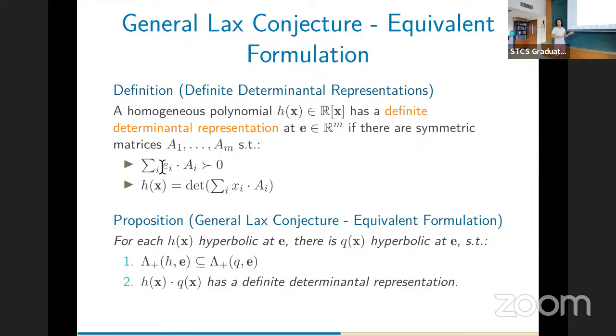The question on the lower bound here is: if I multiply H by Q, the Q that I need has large degree, because then the determinant becomes really large. We can say this is a determinant of complexity G. So if we want a lower bound, we want to say that this has to have really high degree. That's correct. So far so good. Everyone understands, without the proof, that this is also equivalent.